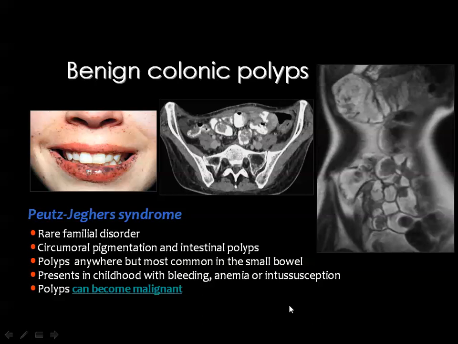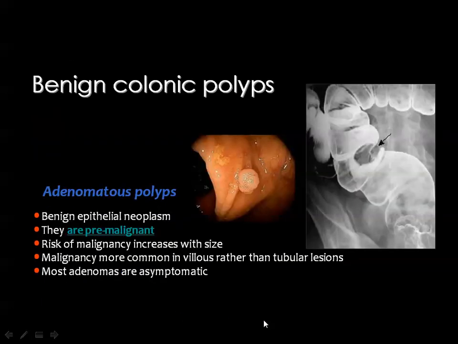Many of the literature say that these polyps are usually on the benign side, but there may be a risk of malignant transformation. An adenomatous polyp is the benign epithelial polyp, and these polyps may turn malignant, and the risk of malignancy will increase with the increase in the size of the polyp itself.